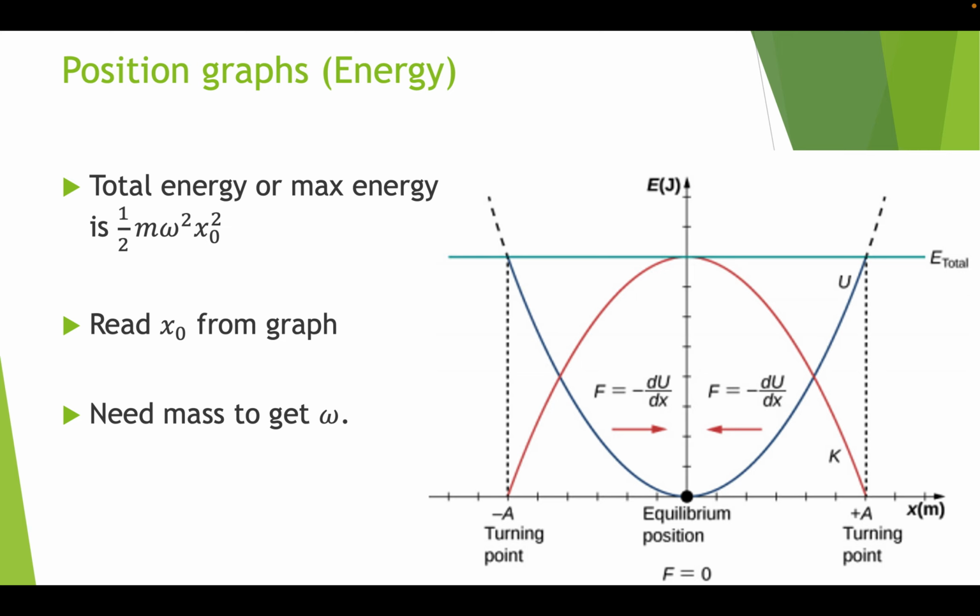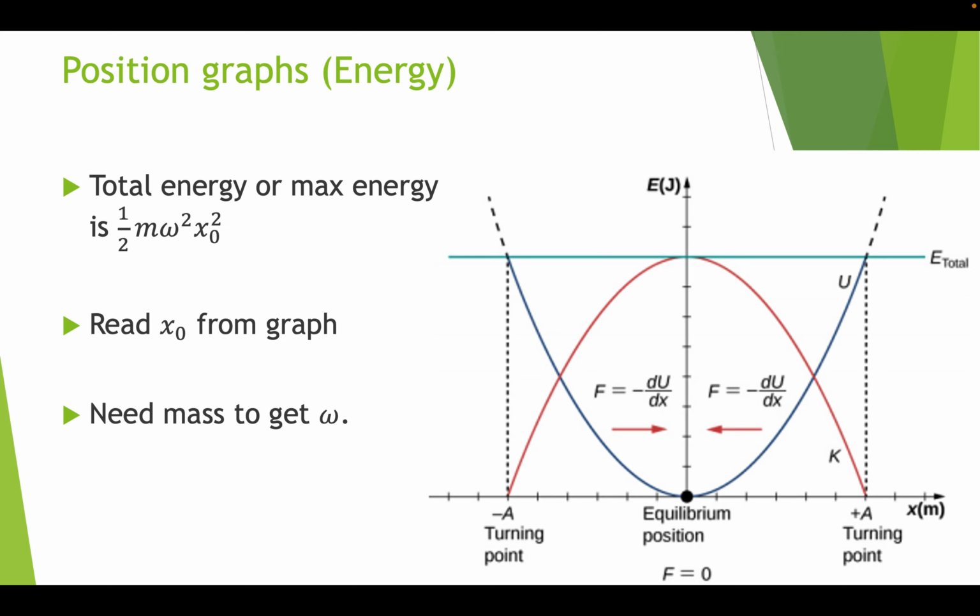I can get the amplitude points from the graph when my kinetic energy hits 0, just in case they extended it past there. You can never have kinetic energy negative, so always stop there. Either way, I'm still going to need mass to get omega because I can only get 1/2 mv squared or 1/2 kx squared maximums from this graph.